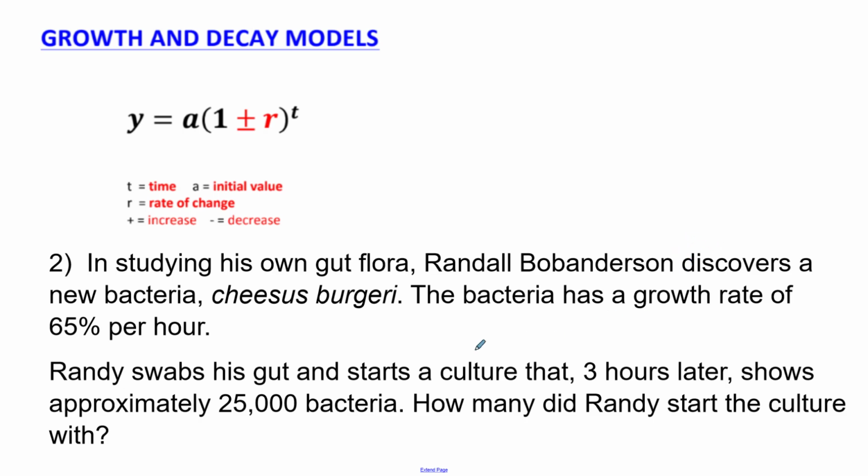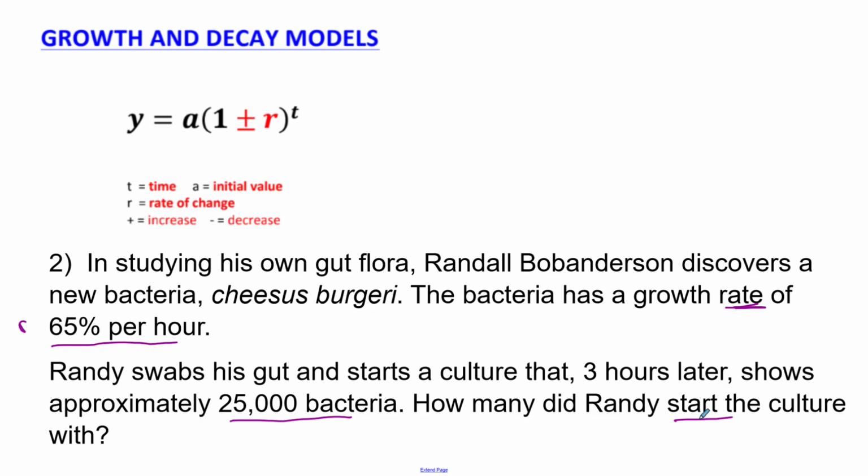This bacteria has a growth rate of 65% per hour. So see that word rate? That's going to be our rate of change. Okay, that's our R. Okay. Randy swabs his gut, starts with a culture that 3 hours later shows approximately 25,000 bacteria. How many did Randy start the culture with?